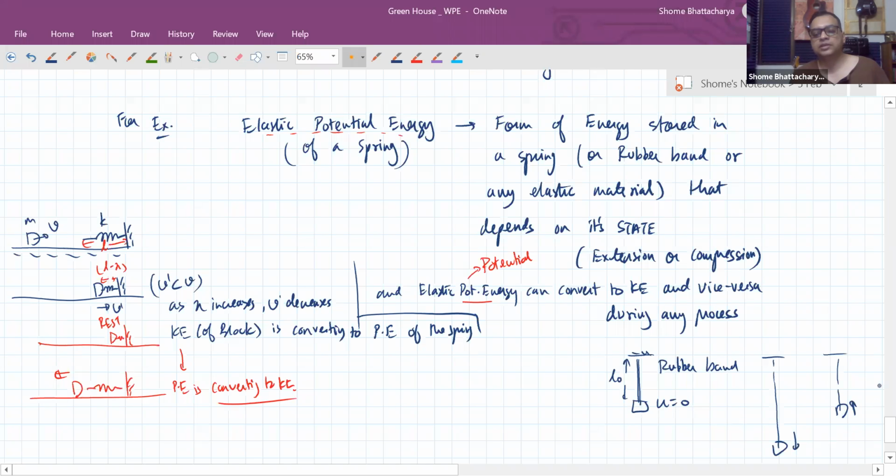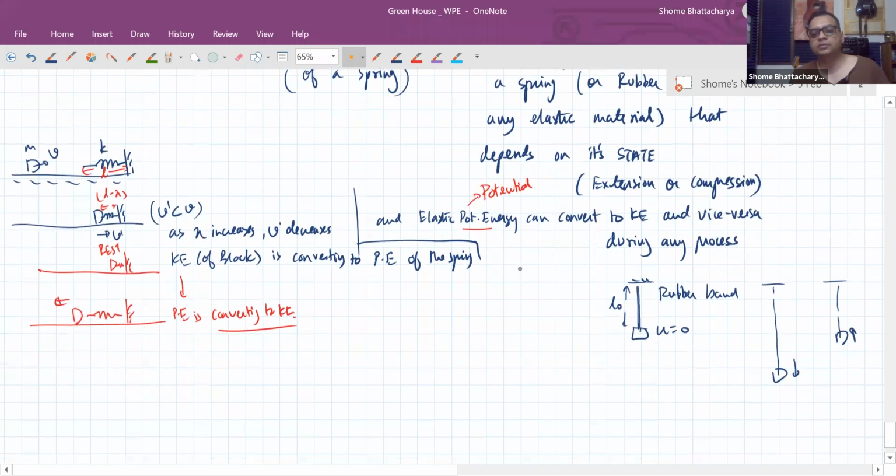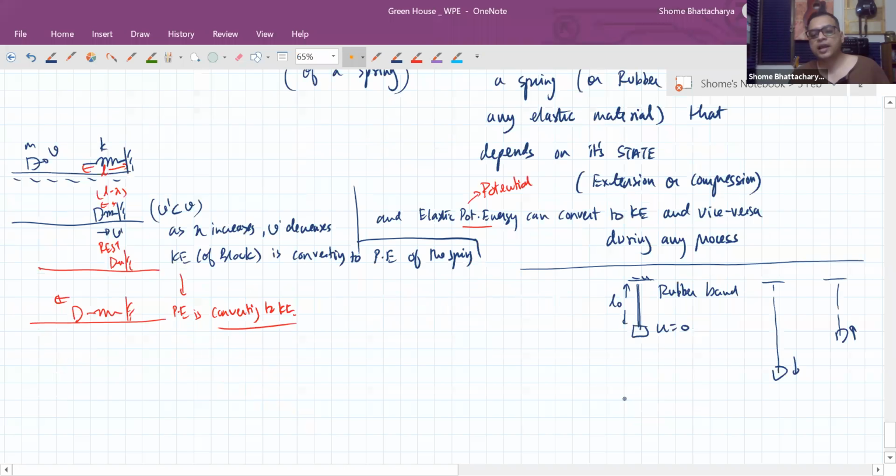In this system, which is a little more complicated, there is kinetic energy of the block, elastic potential energy of the rubber band, and gravitational potential energy of the block, because its height is changing.